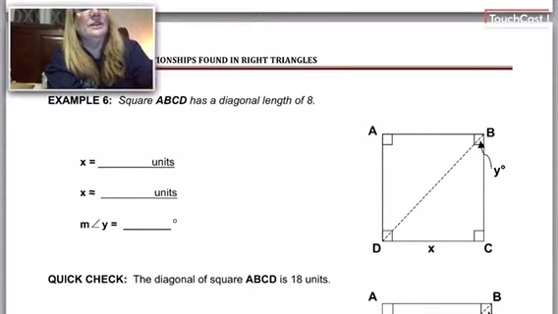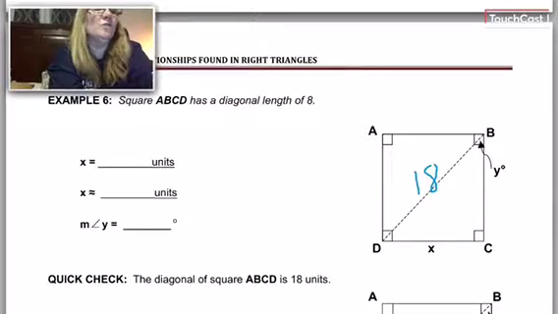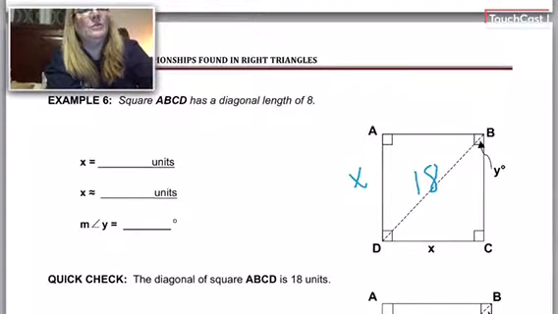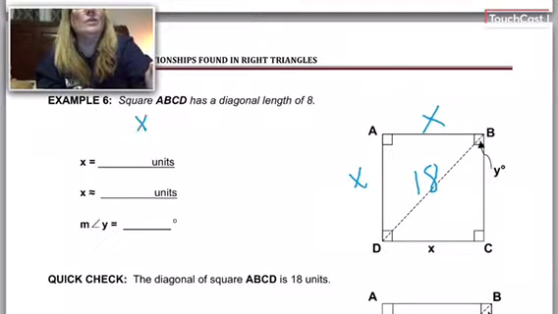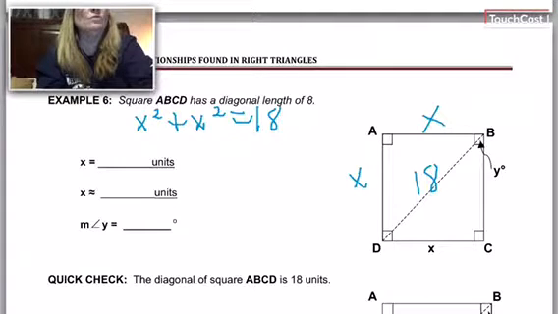So let's clear this. Now we're saying that this is 18, and it's a square, so we don't know what the sides are, but we know they're the same. So we can call them x and x, and we can say x squared plus x squared is equal to 18 squared.